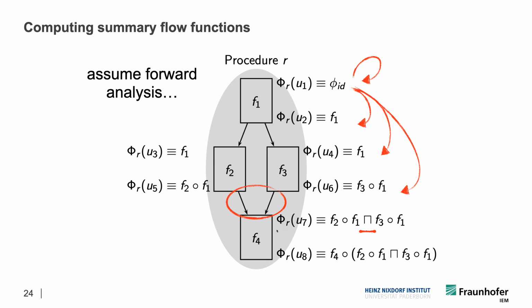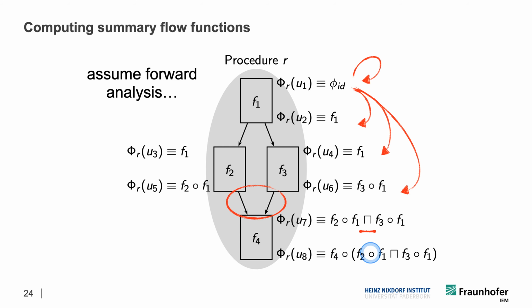And this is again our new partial summary function that brings us up to here. And now we still have to compose that with F4, and that then brings us the final summary function that you see here. Okay, and that's it. So once you have this summary function that goes all the way from the top to all the way at the bottom, that is your final procedure summary. That is a summary that you can use to summarize the entire effects of this entire procedure.